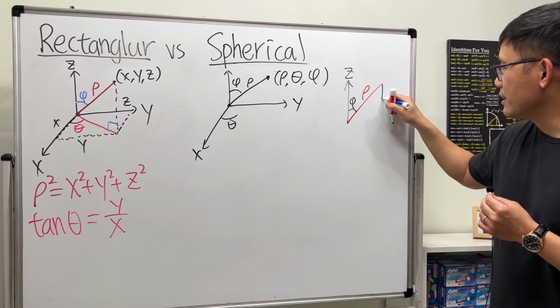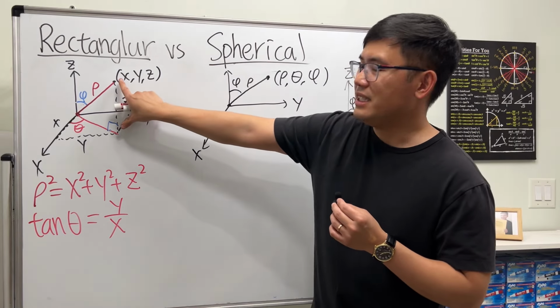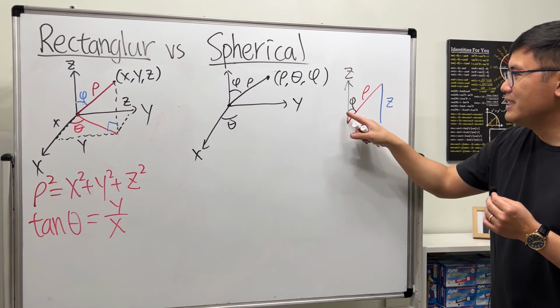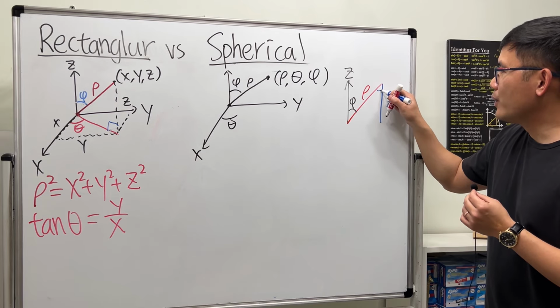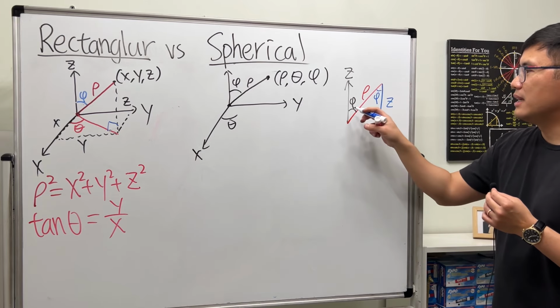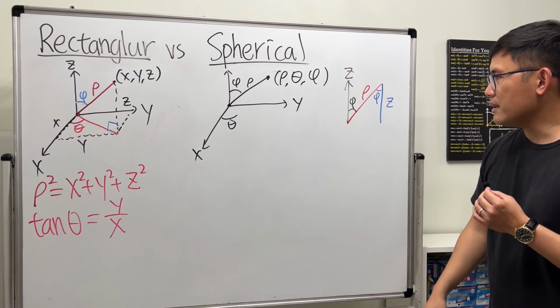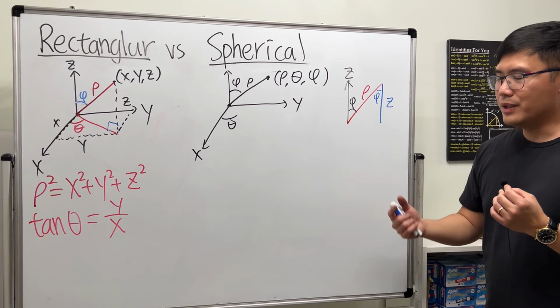I'll put this down in blue. This is exactly the z, right? So we have z. And then of course this and that are parallel. And because this is phi, this angle must also be phi because they are the alternate angles of the parallel sides.